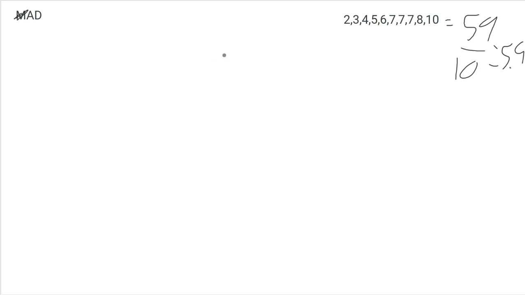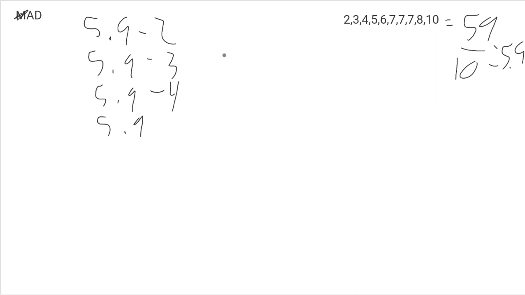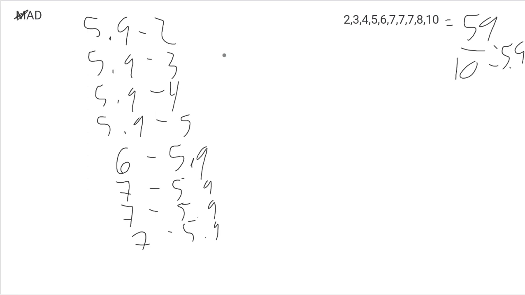Then I have to find the average distance. So it's 5.9 minus 2, minus 3, minus 4, minus 5, and then I switch it so that I always have a positive answer. And then I just subtract and find the answers to all those.